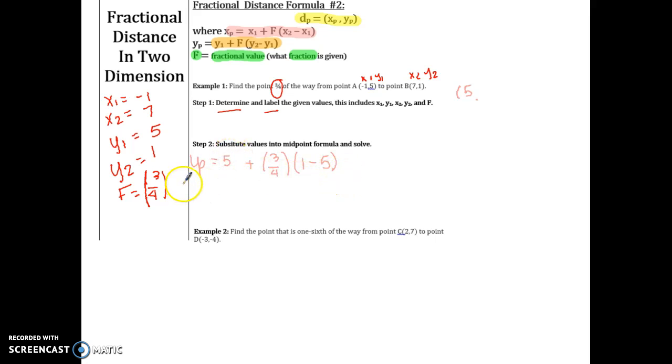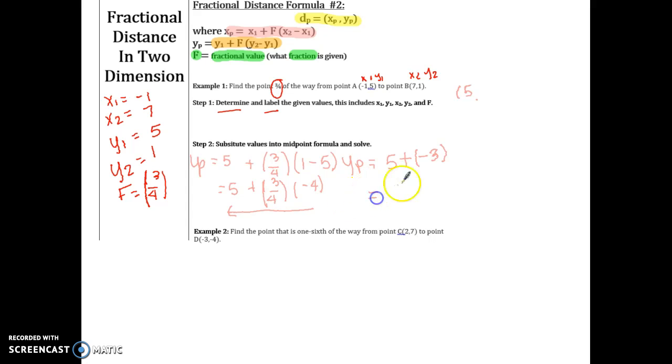And again, we start from right, go to left. So we will say 5 plus 3/4 times, and then 1 minus 5 will be a negative 4. Again, once we are done with finding our parentheses here, we're going to go right to left. So yp will be 5 plus, and then 3/4 times -4 is going to give us a negative 3.